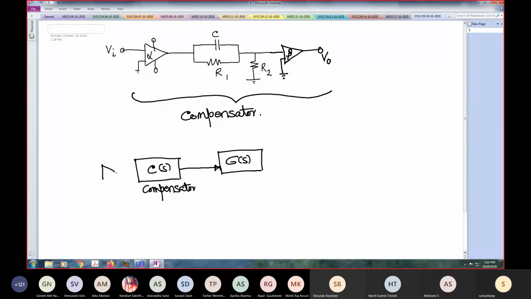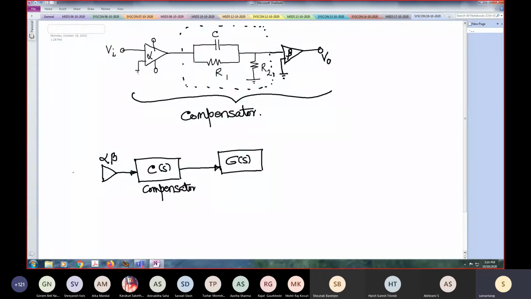Some gain: we can take this gain alpha and beta outside, so let this gain be alpha beta. So the compensator is only this part. This alpha beta is used to isolate the control system from the system so that the dynamics of the system doesn't get fed back to the compensator. So no reverse current flows to the compensator.